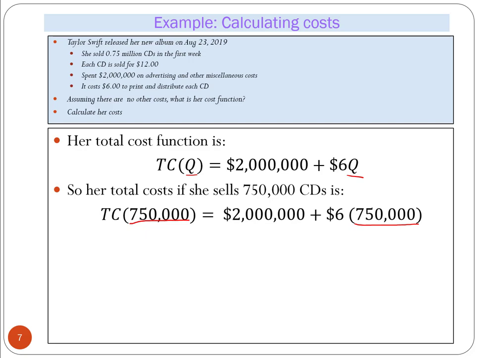And now the parentheses here don't mean is a function of, they mean 6 times 750,000. So again, you need to just keep this in mind when you do this.